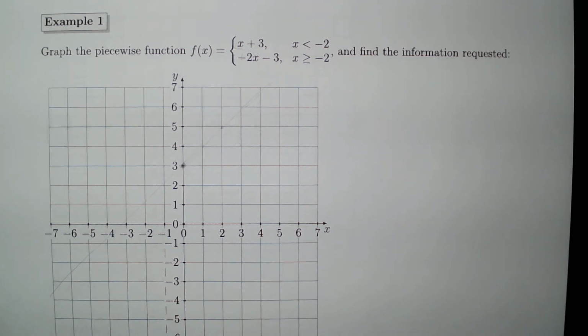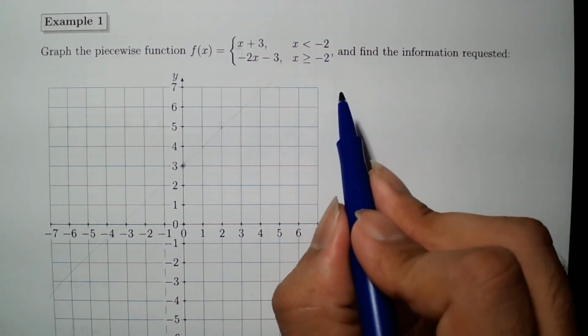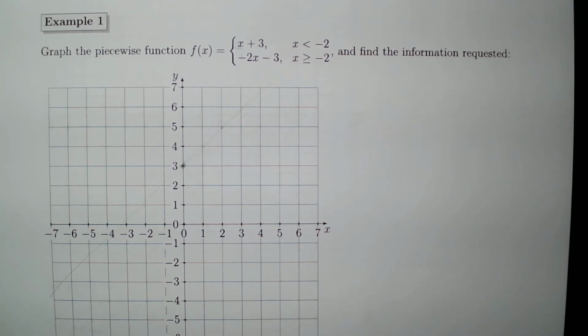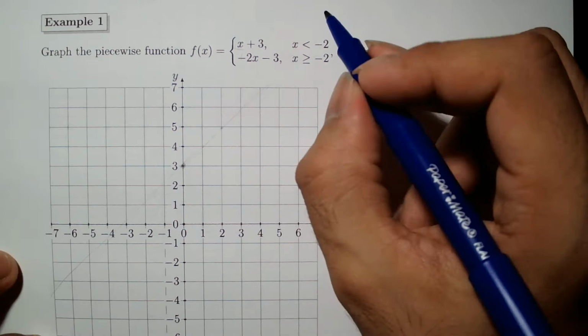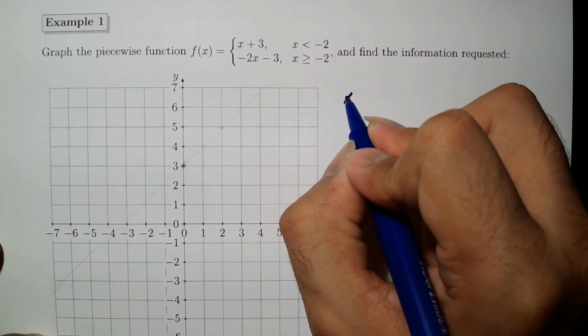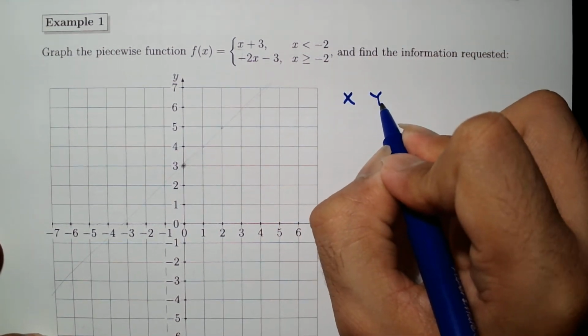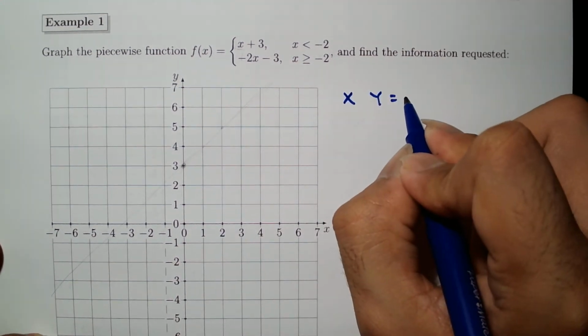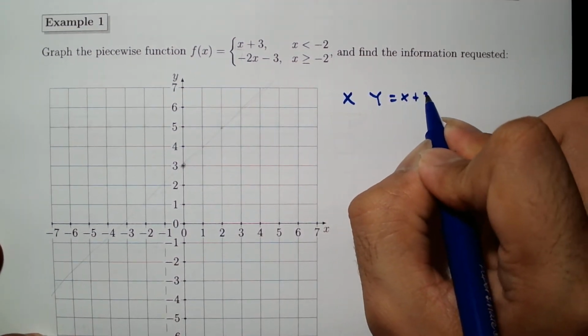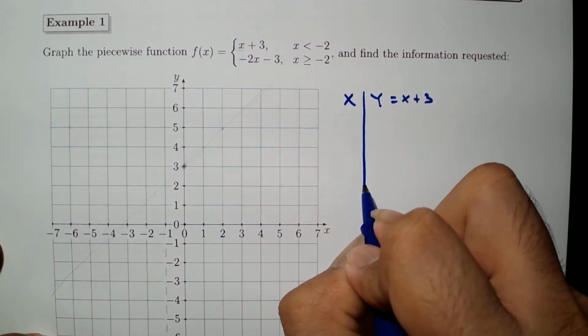So negative 2 exclusive, negative 3, negative 4, negative 5, etc. Okay, so how are we going to graph this function? So, okay, I'm going to make a table of values. Okay, I'm going to use blue for x plus 3.